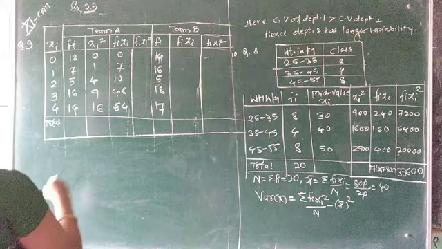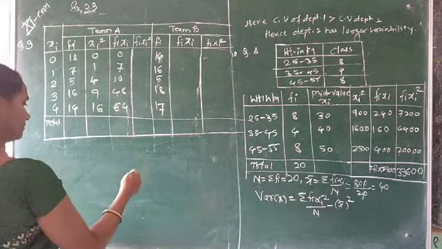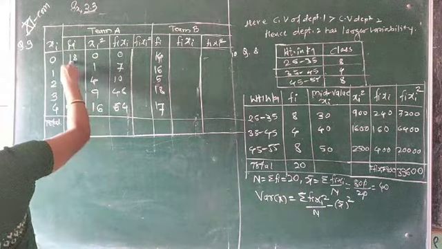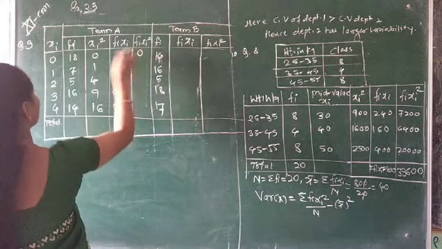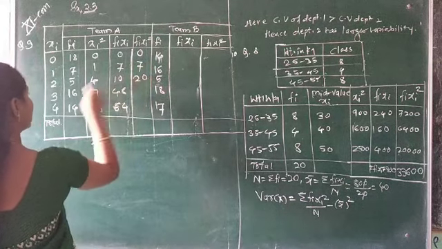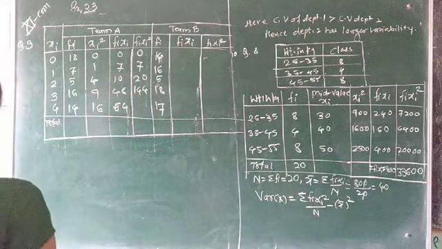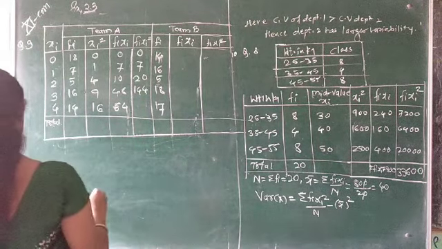Now next one is fi xi square: 18 0 is 0, 7 1 is 7, 5 4s are 20, 16 9s are 144 and 14 into 16 is 224.